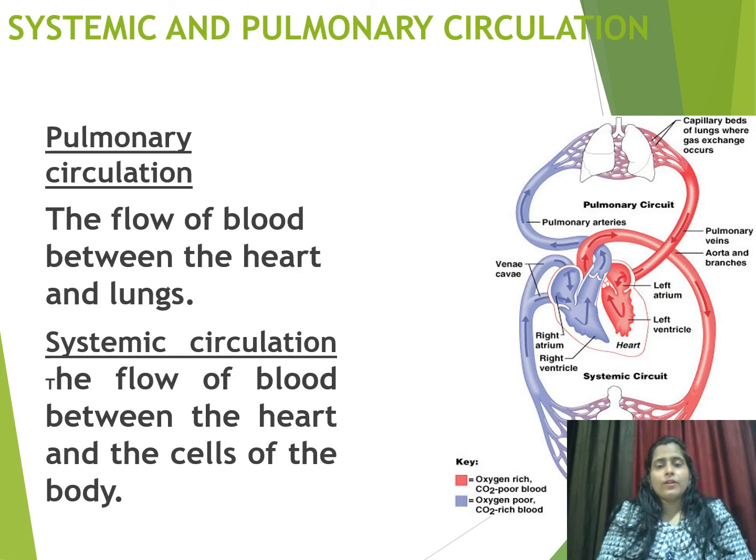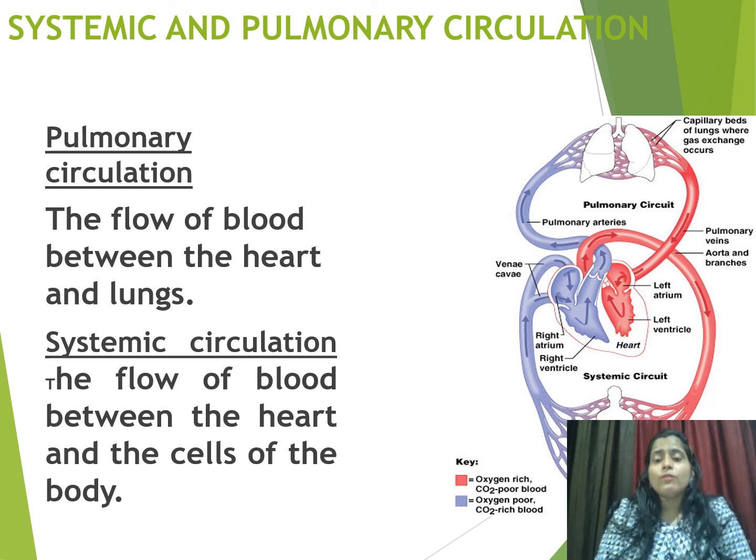Now, it is said that in human heart double circulation takes place. Let's see how. Yeah, it is so because we have seen till now that the blood flows between heart and lungs, and blood flows between heart and different parts of the body also.